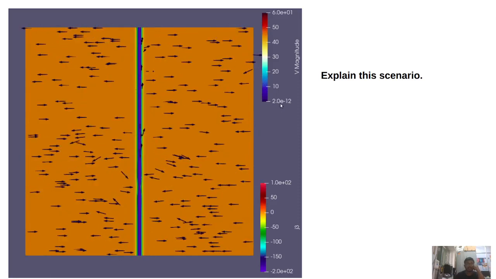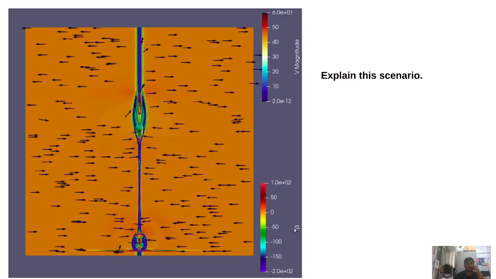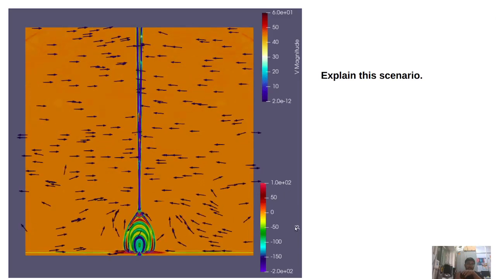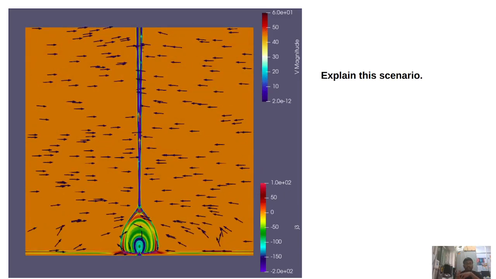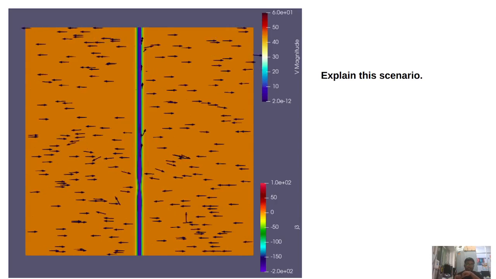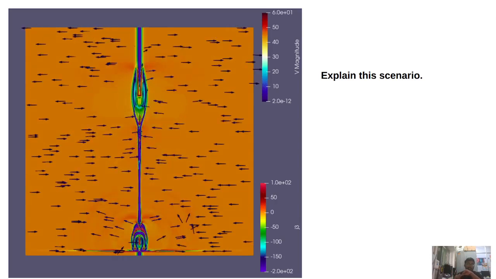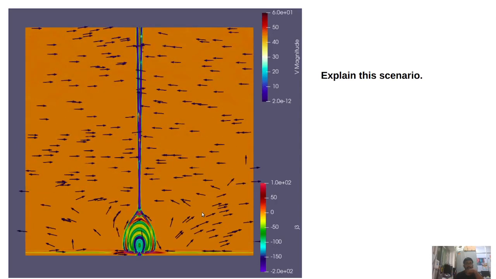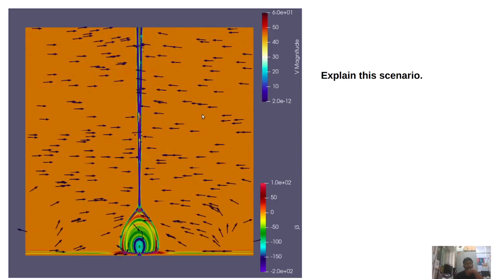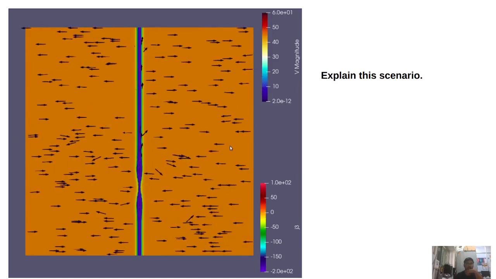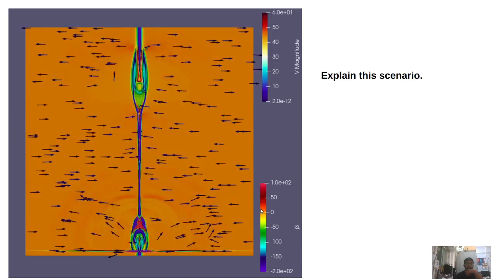This one is J3, in the XY plane, that means your magnetic field is defined in X and Y, and J3 is giving you the current density. As you can see, in the entire region the current density is between 0 and a very low value, the orange portion of this color bar.